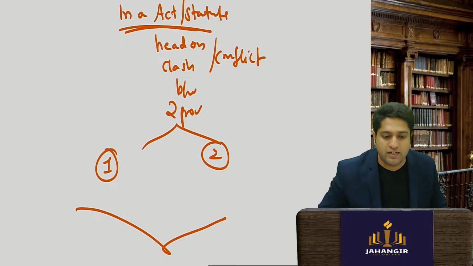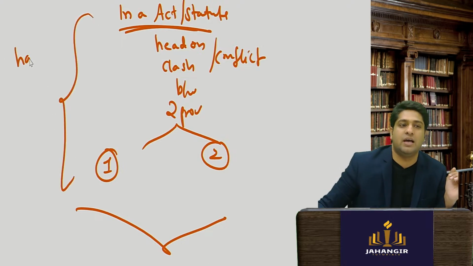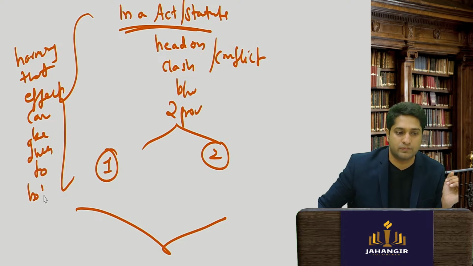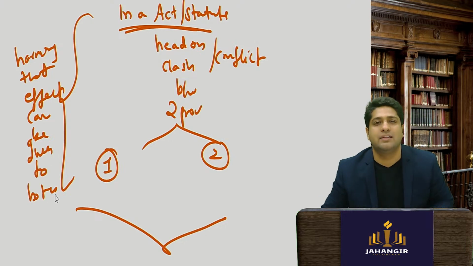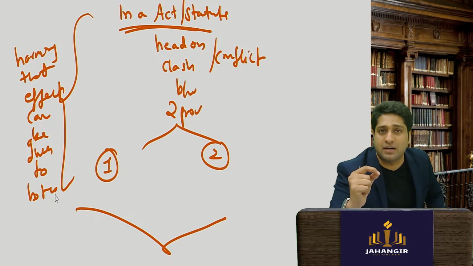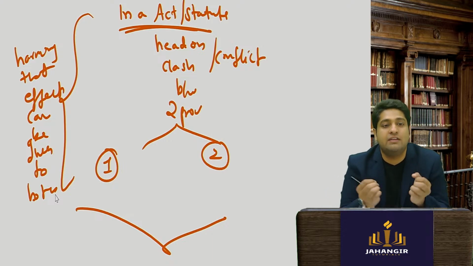So how would you interpret? They say, interpret in harmony, so that effect can be given to both. Sir, what does it mean? Whenever there is a head-on clash between two provisions of the same enactment, interpretation should be given such that effect can be given to both.